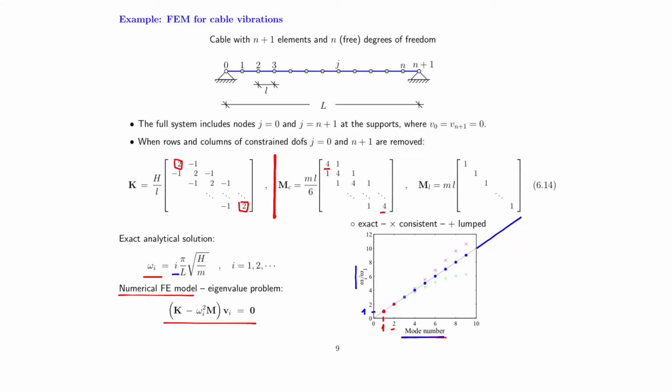If we solve the eigenvalue problem for our structure, then we actually see that we get a very good representation of the first couple of modes, but for the higher modes with larger frequencies, we suddenly see a deviation from the exact solution.